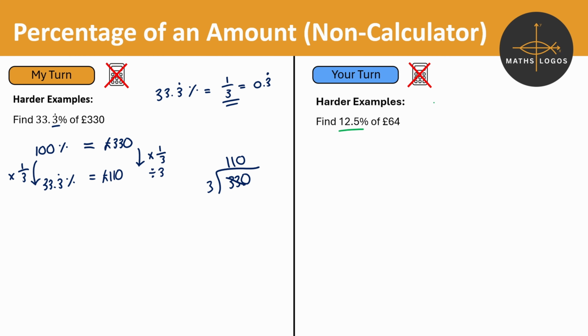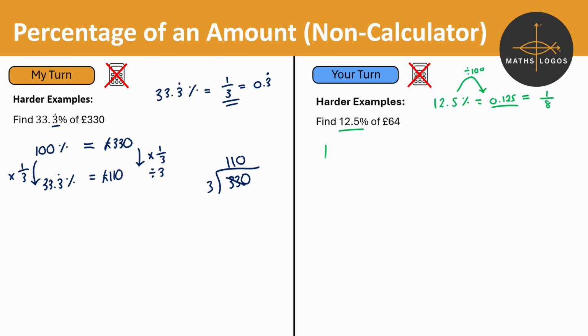So hopefully you were able to spot that 12.5% is equal to the decimal 0.125. If you can't see how I did that, I divided by 100 to change from a percentage to a decimal. And then I need to know that this is 1/8 as a fraction.